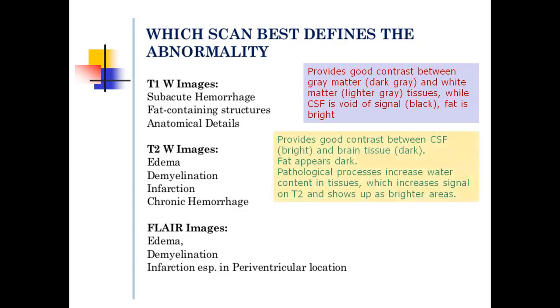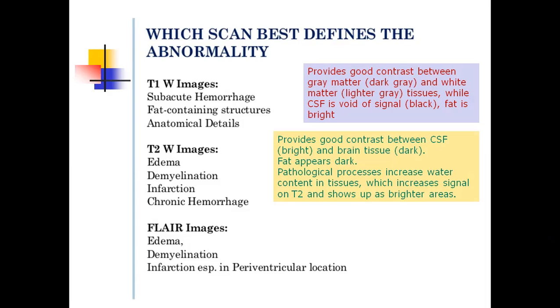On T2 weighted images, this regime provides good contrast between cerebrospinal fluid as bright object and brain tissue, dark areas. Fat also appears dark.